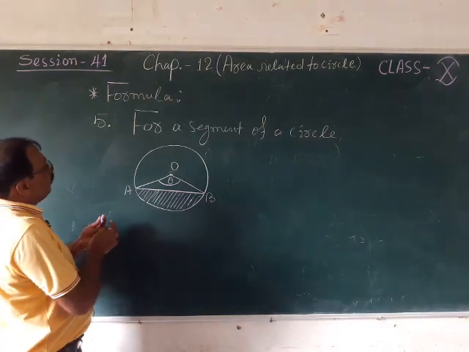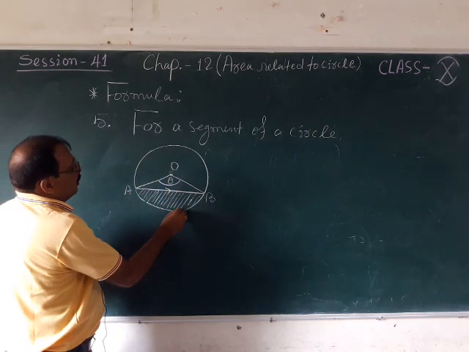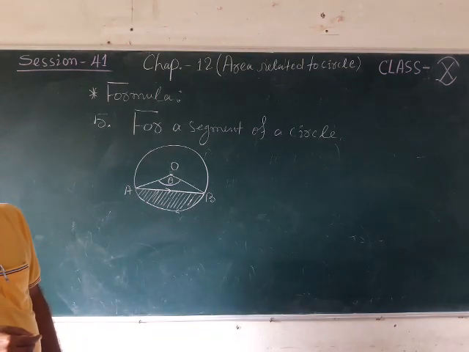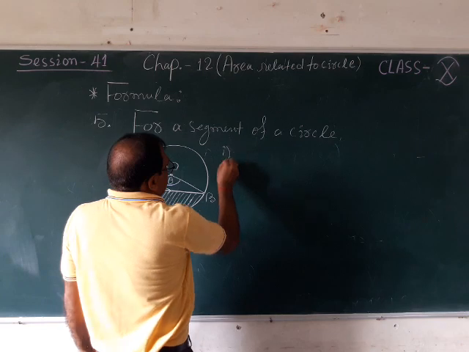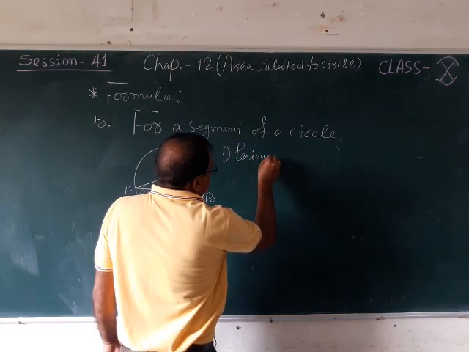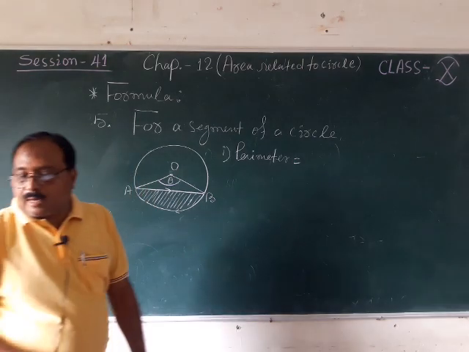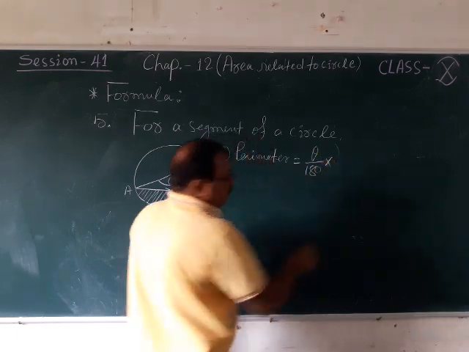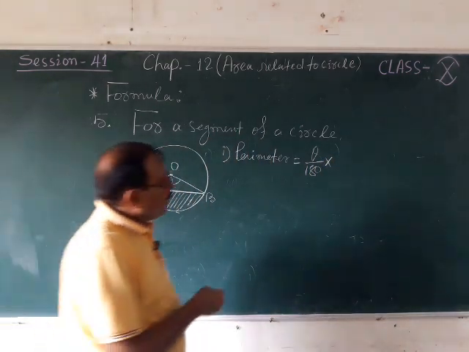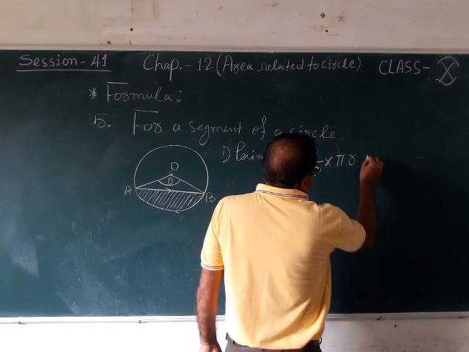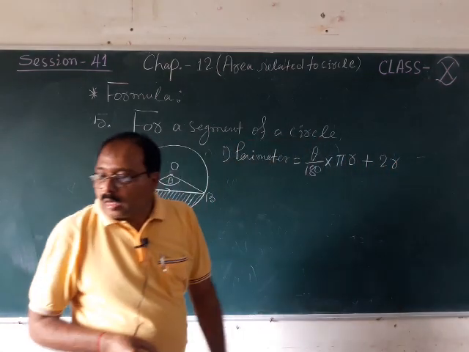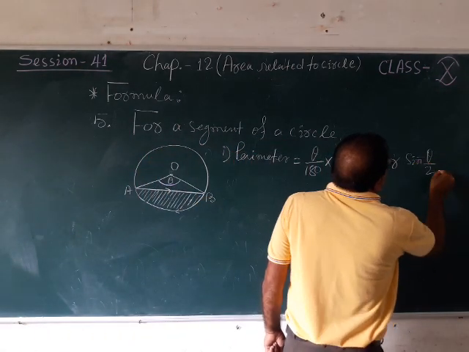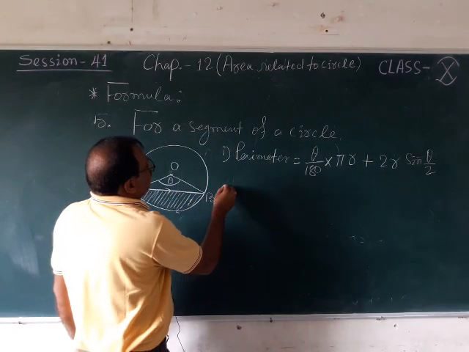Perimeter means you move from A to B, then come back from B to A. So for perimeter, the formula is theta upon 180 multiplied by pi r, plus 2r sine theta upon 2. By this formula you can find its perimeter.